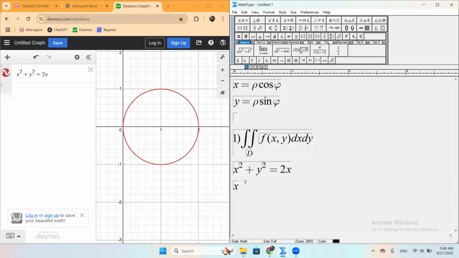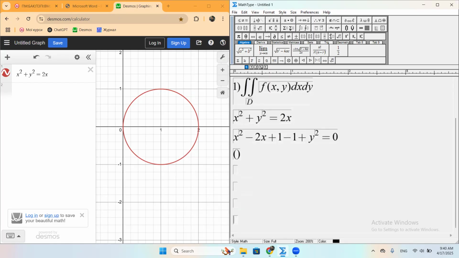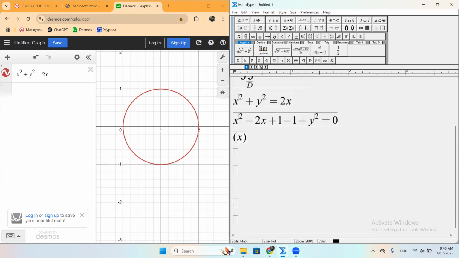So x square minus 2x plus 1 minus 1 plus y square equals 0. When I collapse it, we write in a compact way, (x minus 1) square plus y square equals 1. So we have a circle with radius 1 and coordinates of the center are 1 and 0.